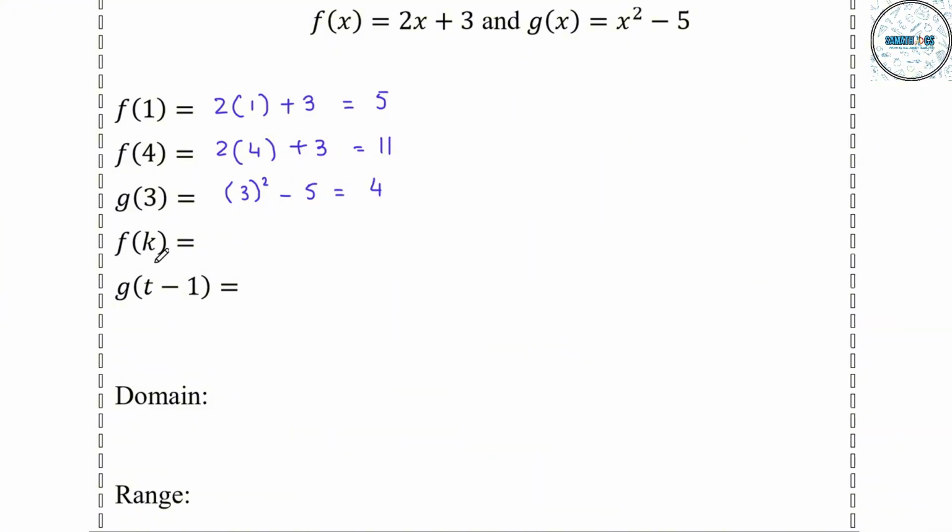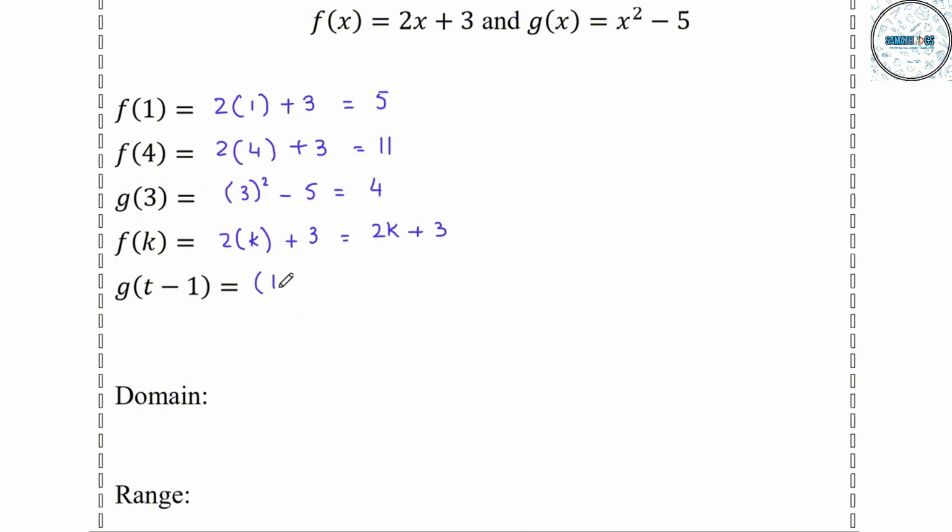F of k means that we have to substitute k in place of x. So 2 into k plus 3. As there is a variable, we cannot solve it. We can simply write it as 2k plus 3. G of t minus 1 means we have to substitute t minus 1 in place of this x.